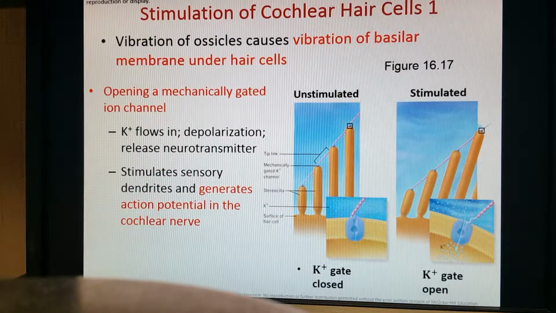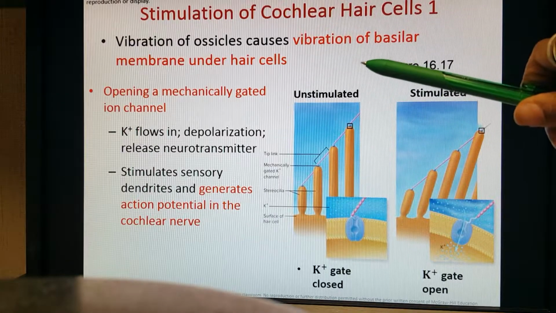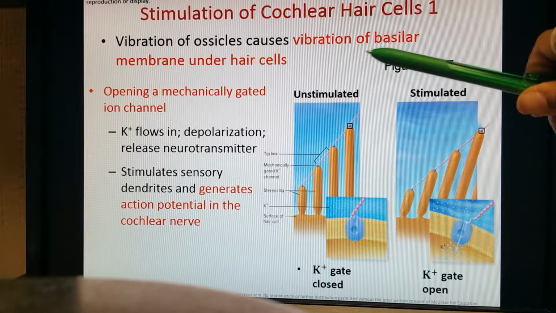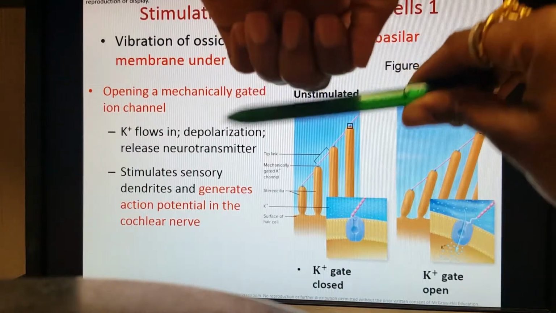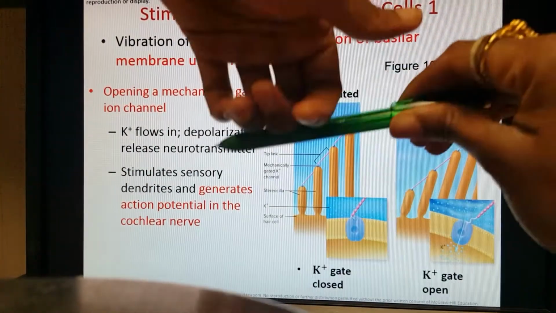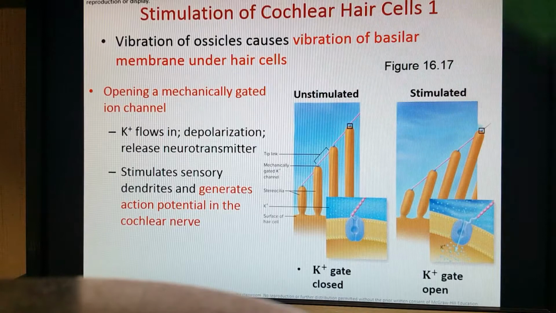Okay, so vibration from the ossicles, that vibration from the sound waves, is sent to the cochlea, causing the basilar membrane, which is underneath the hair cells, to vibrate and therefore move. When the basilar membrane, like my green pen, moves, it causes the hair cells above it to move.